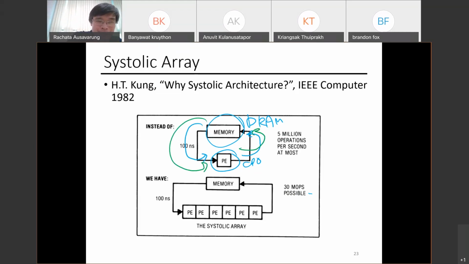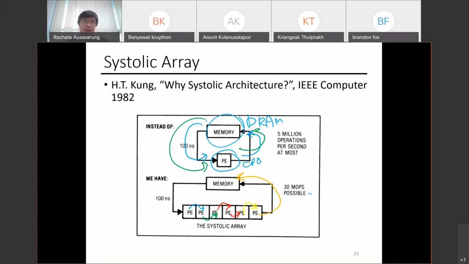I will connect the first processing element, which generates the data for a second processing element. The second processing element generates the data for the third processing element, and so on and so forth. So you generate the new piece of data without going to the main memory, right? You keep doing this until you finish. Then you only write to the memory once when you finish computing.